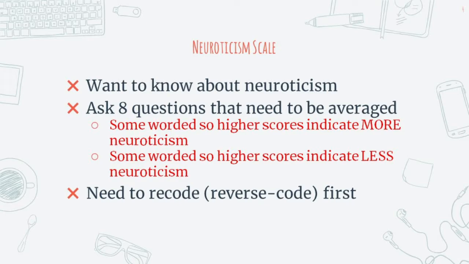Now, for methodological reasons, we have designed it so that it isn't just higher scores on each of these 8 items means more neuroticism, but instead for some items, a higher score means more neuroticism, whereas for others, higher scores mean less neuroticism.